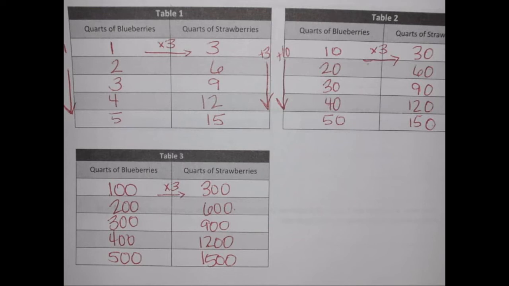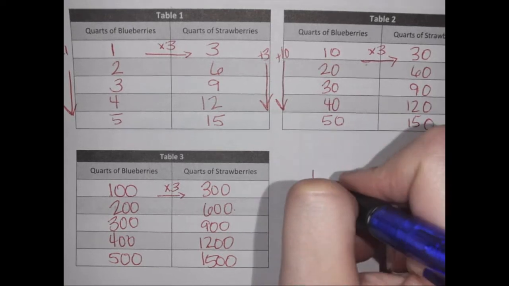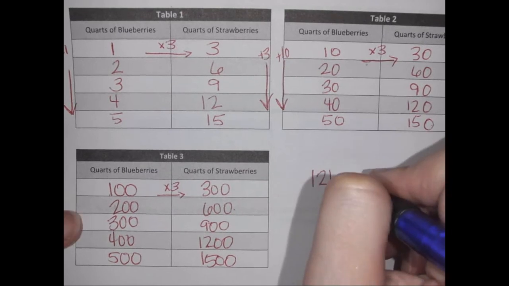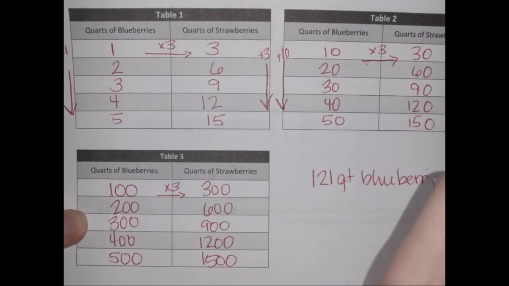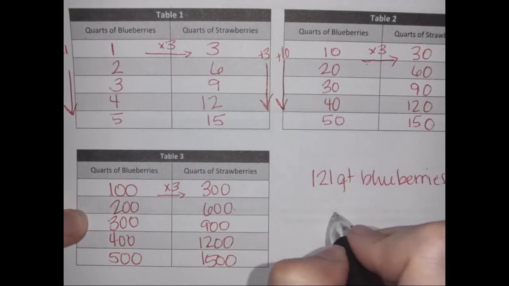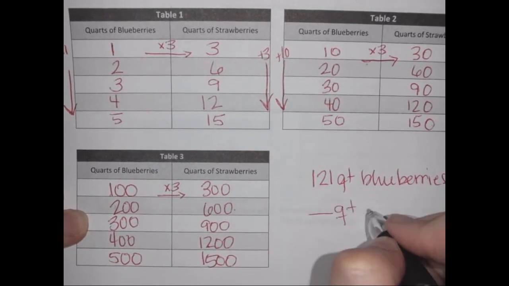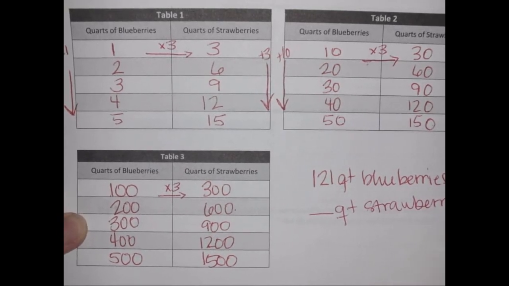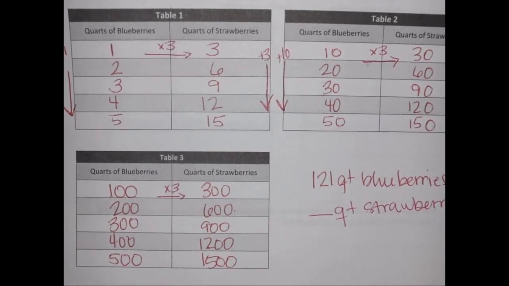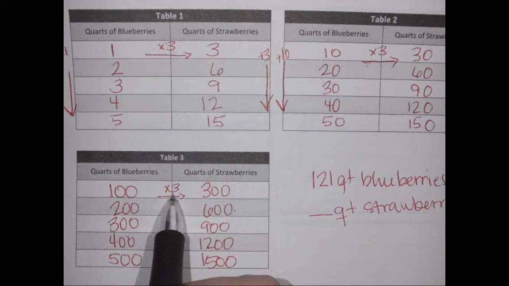Okay. Let me ask you a question. Just by looking at our three tables, if I say I'm going to use 121 quarts of blueberries, how many quarts of strawberries will I need? Itzel. No, remember our value, what we're doing to find how many strawberries, we multiply by.